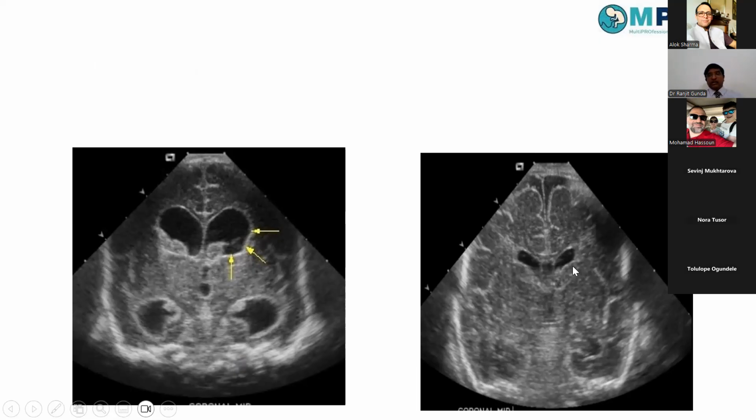We don't know. So one way we need to think about is ballooning of the ventricles. It's happening, so there is some ventriculomegaly, and we need to measure the ventricular index to see how big it is. But also we need to differentiate whether it is because of ventricular pathology, the bleed inside, that's causing the problem, or the parenchyma.